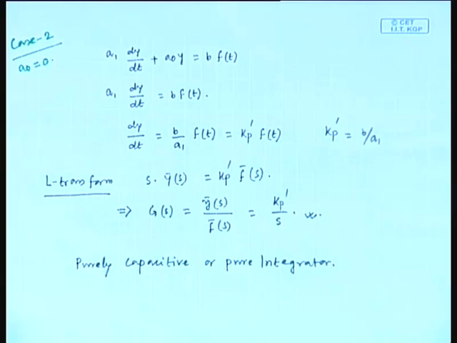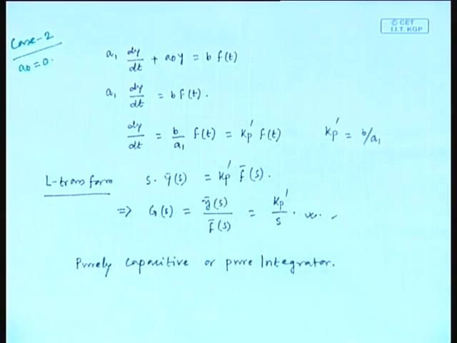For the example first order system with A naught equal to 0, we got this transfer function, and this type of processes are called pure integrator. We will discuss with a physical example what type of processes are called pure integrator process. Fine. Now, these are about the transfer functions in general form. In the next we will discuss with some example.